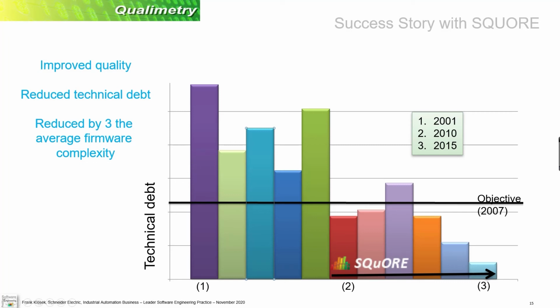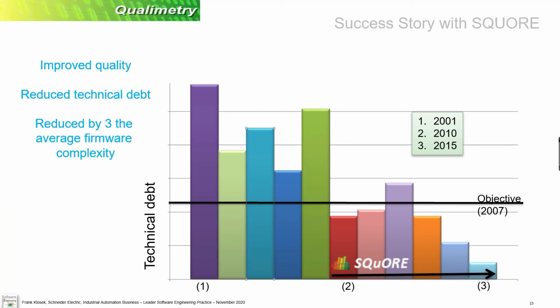They started to work on identifying the quality flaws, and since 2010 they have been using Squore to see very easily what the quality is, what the deviations are, and where to focus their work. They finally reduced the complexity of the firmware by a factor of 3. A factor of 3 is really great.